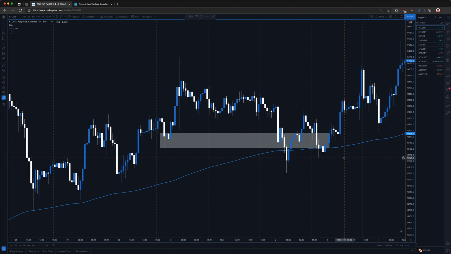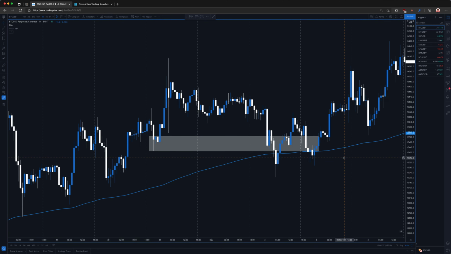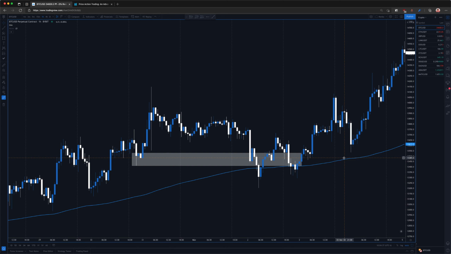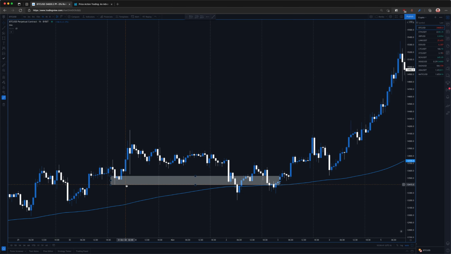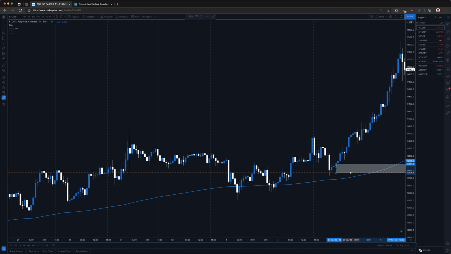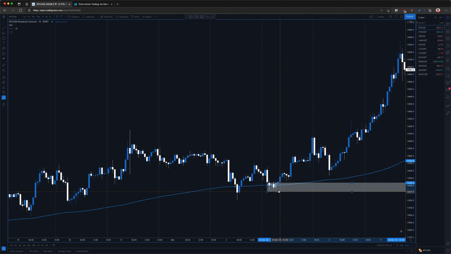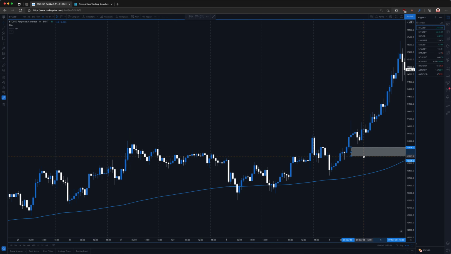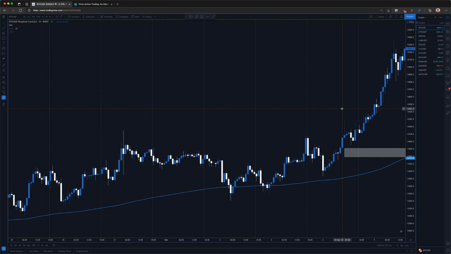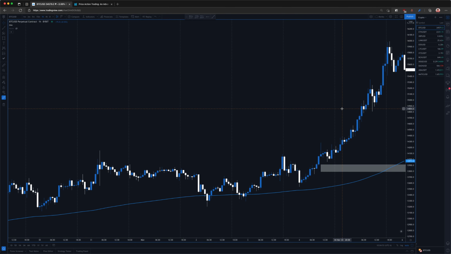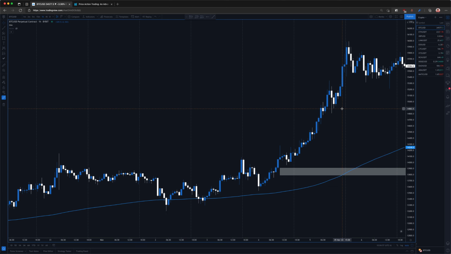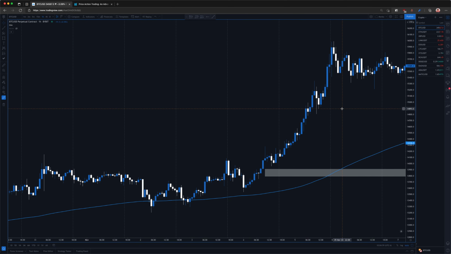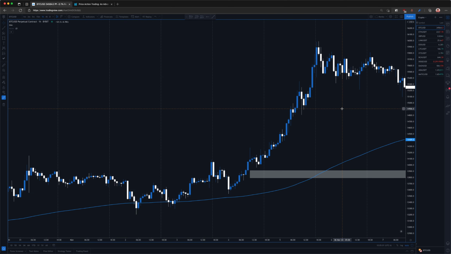Again, we're looking for those buying opportunities because our 200 EMA is in the upward sloping direction. There was maybe a minor level here, but it never came back to it. When we're looking at areas of deep value, like we're trying to do here, we wouldn't expect the price to regularly come back and hit those levels.